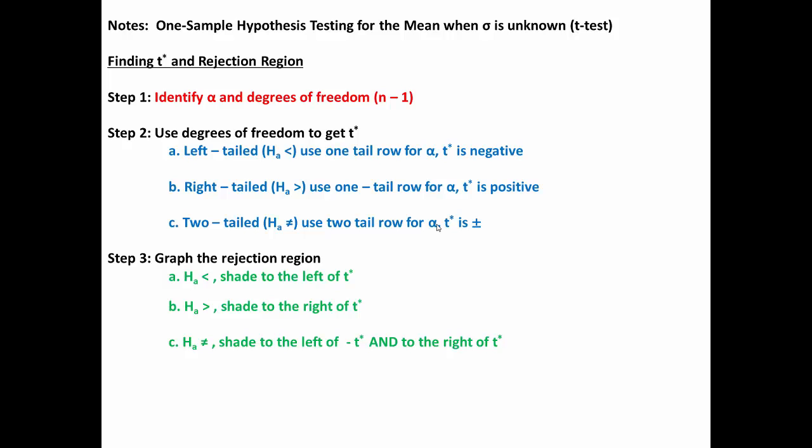For the H sub A is greater than, T is a positive to the right of the mean of the standard normal curve, and you shade right of that. And then for the not equal to, that's a two-tailed. So you have T positive on the right, T negative on the left, and then you shade right and left respectively of that. You shade the tails part.